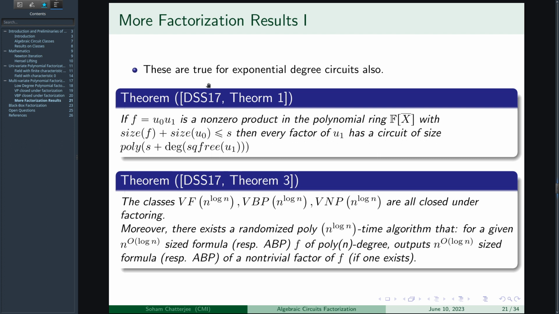We have also closure results for VF, VBP, VNP. If I have the original polynomial f, then the factor size will be polynomial in n to the power log n. And they have shown that we cannot make it better, because they use Newton iteration.